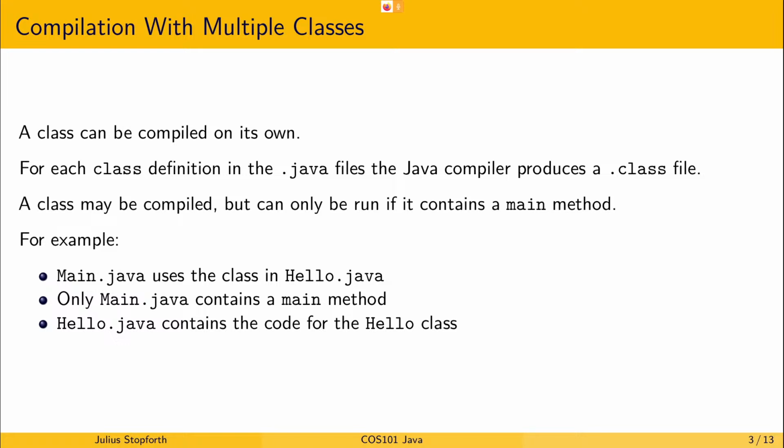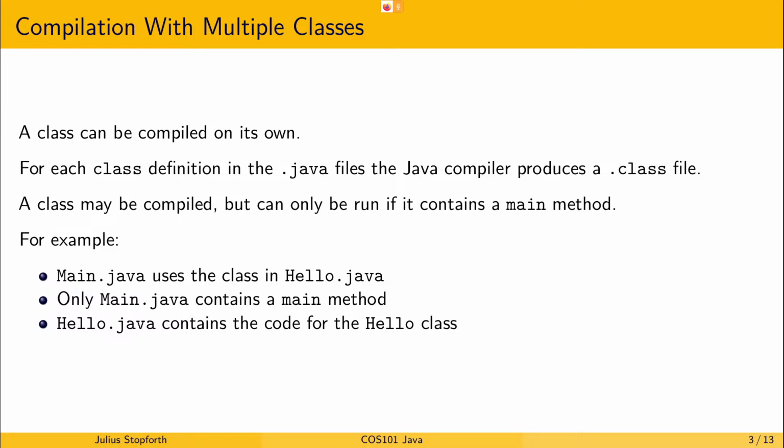With object-oriented programming, you can compile a class on its own. If you're writing a lot of different classes, it might be useful to check if your syntax is correct by compiling just one at a time. That way you don't get showered with errors, and you can narrow it down.